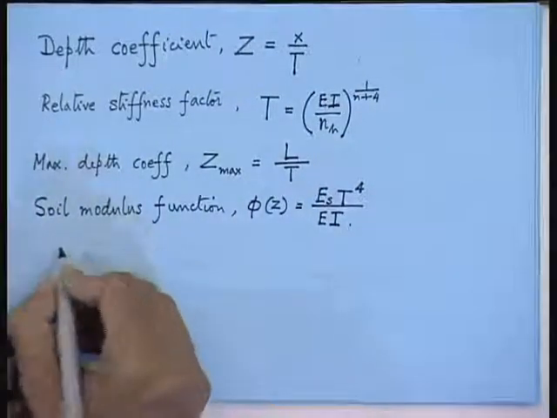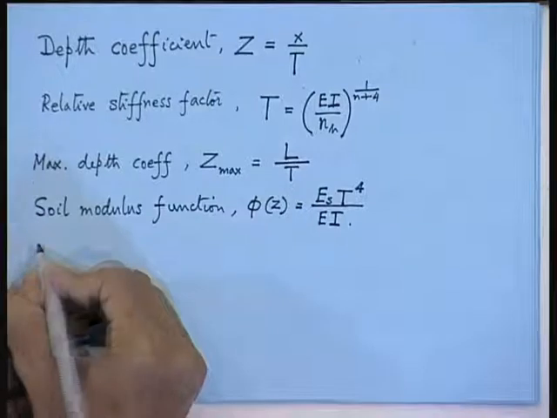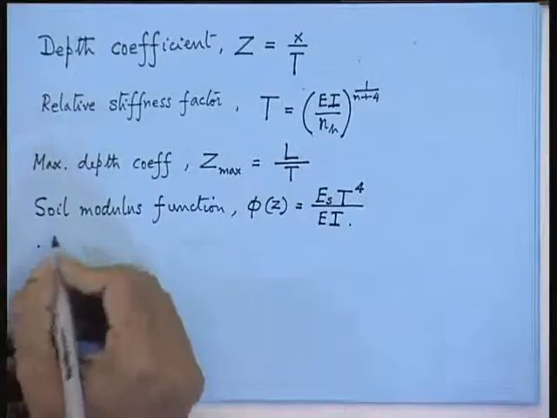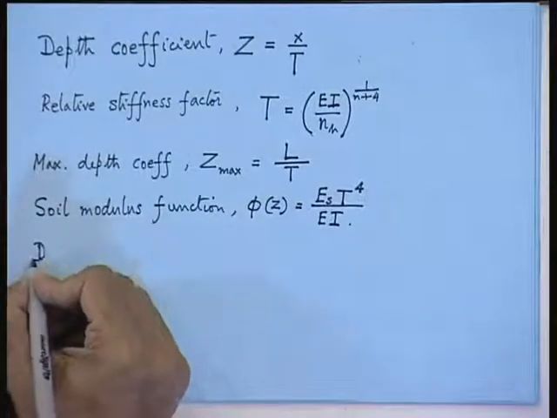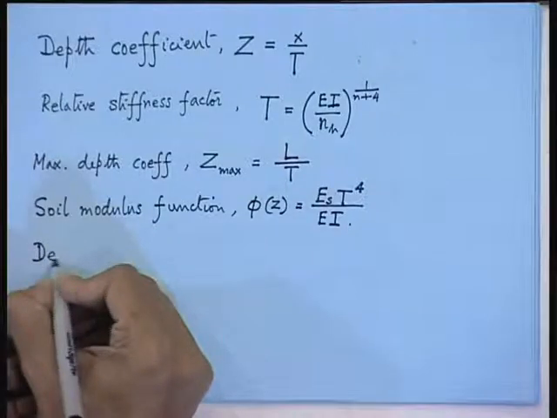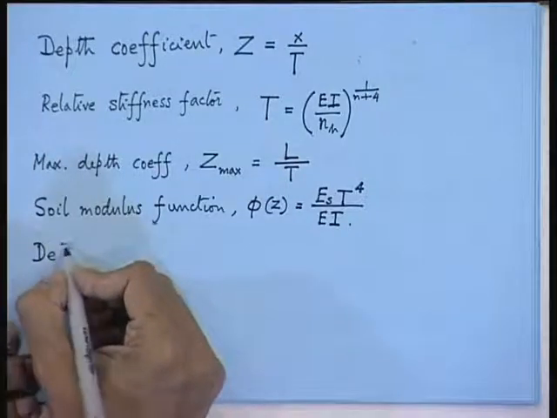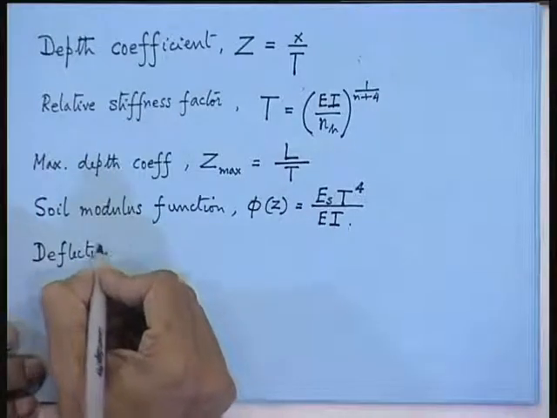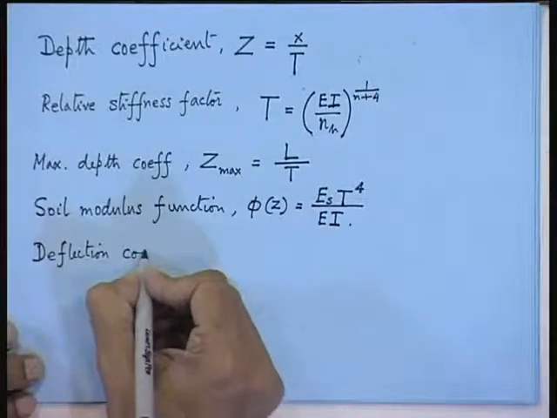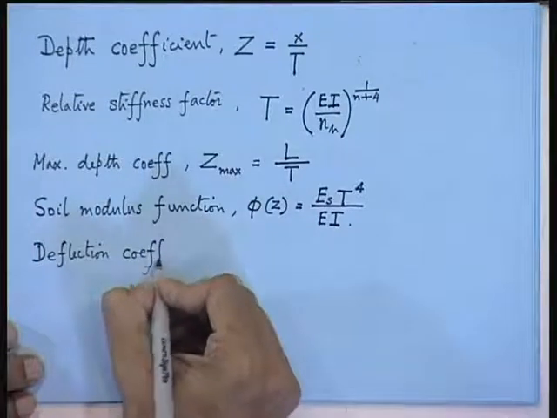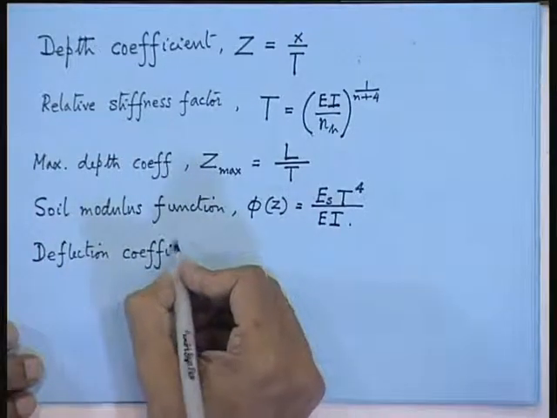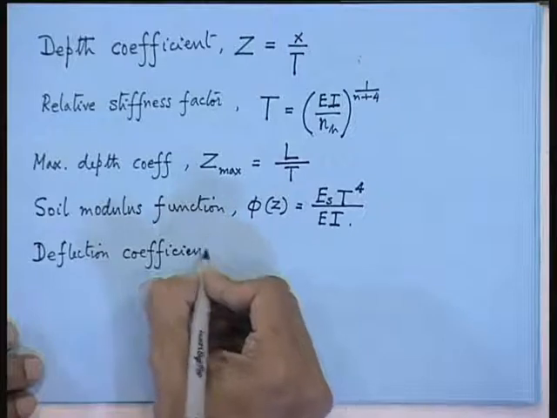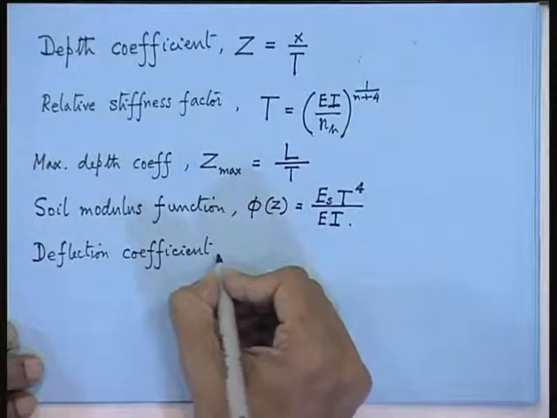Then you have deflection coefficient. Now, remember there are two types of deflection we are considering, that is one caused by the horizontal load, that is your YA. So, this is called deflection coefficient AY.